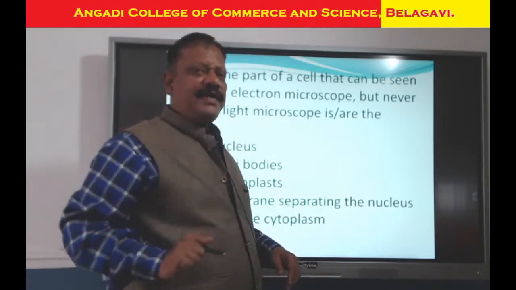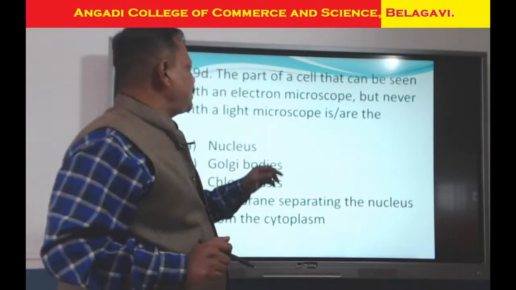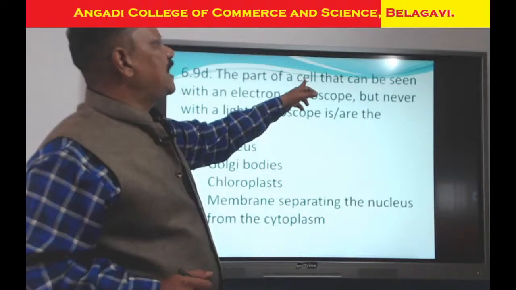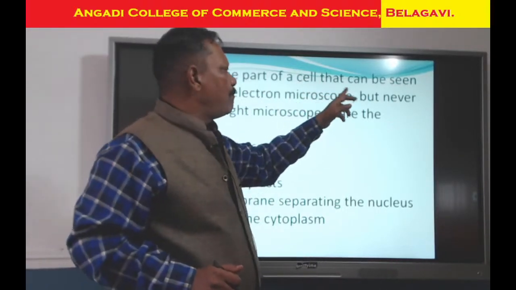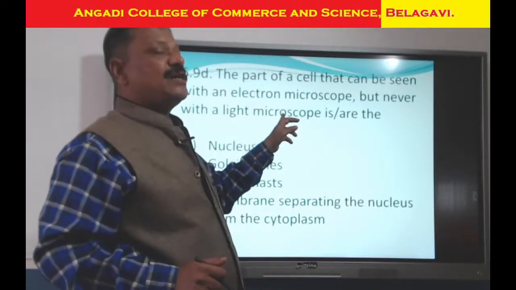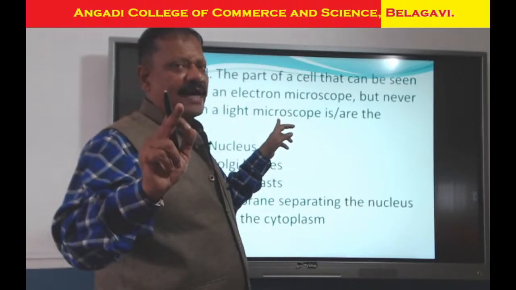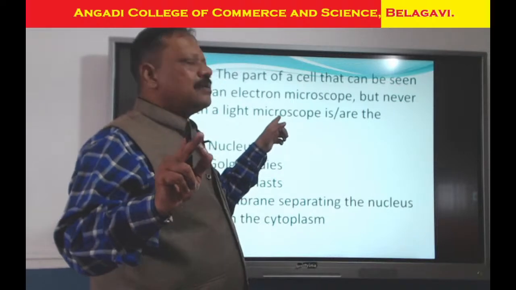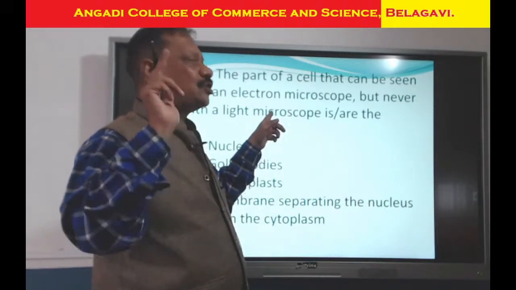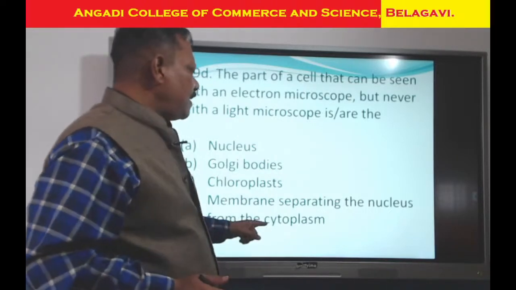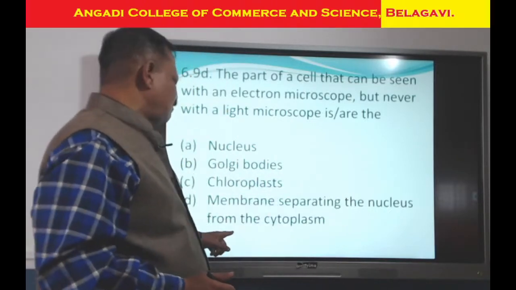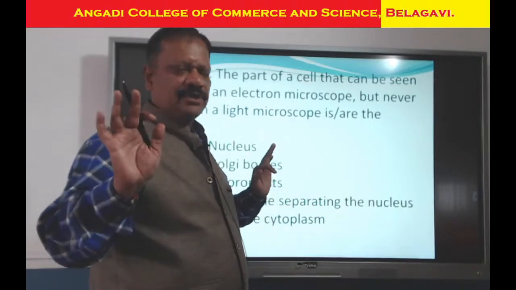So again I am reading the question, just go through it. The part of the cell that can be seen with an electron microscope, but never with the light microscope. Only by electron microscope you can see it. So the correct answer is option D, membrane separating the nucleus from the cytoplasm.